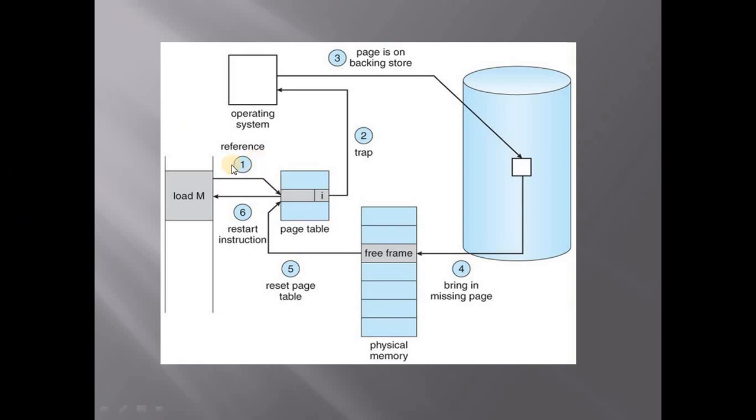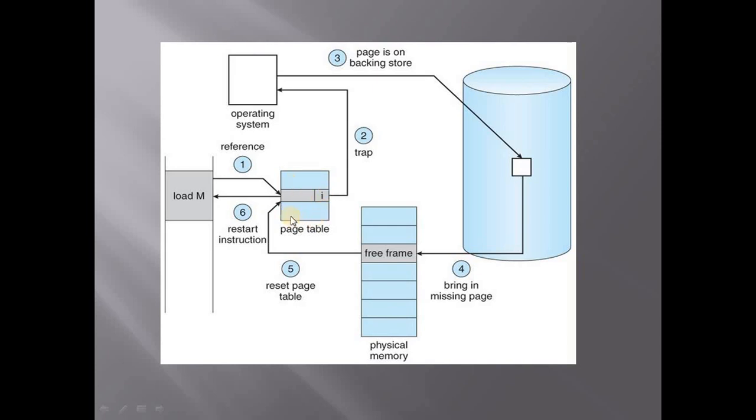First, we check an internal table for this process. Every process will have a separate page table. So when the instruction is to be executed, we check the internal table of the process to determine whether the reference to the particular page is valid or invalid.